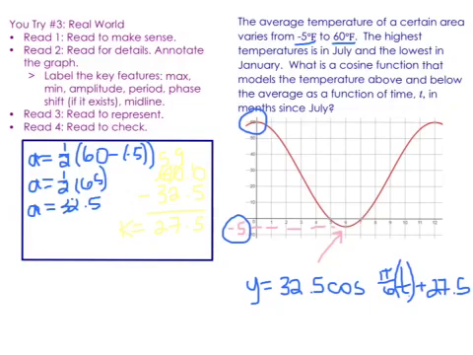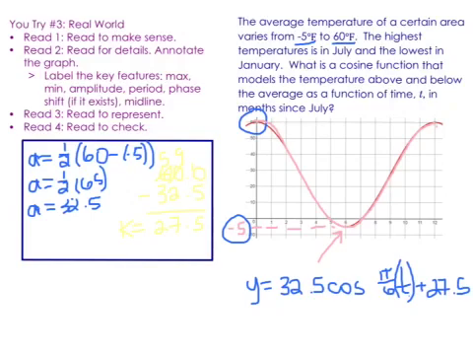We see that there is no phase shift because our cosine graph, right, is supposed to start at the y-axis, and it does start at the y-axis. So we did not shift horizontally, left or right, so phase shift is none. And so the last thing we need to talk about is our period. Our period is our cycle length.